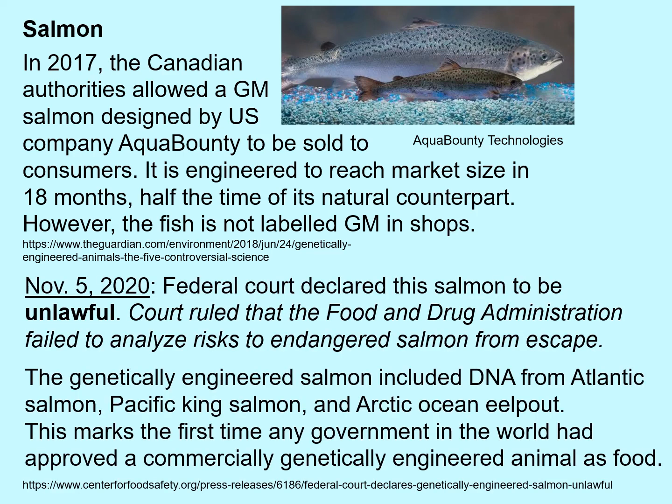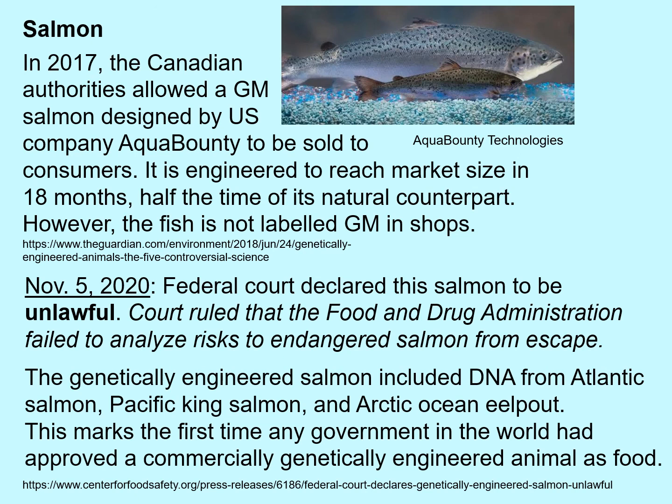But in November of 2020, the federal court in the United States declared that this salmon is unlawful and that the Food and Drug Administration failed to analyze the risks to endangered salmon from escape of these, so if they crossbred with wild salmon.